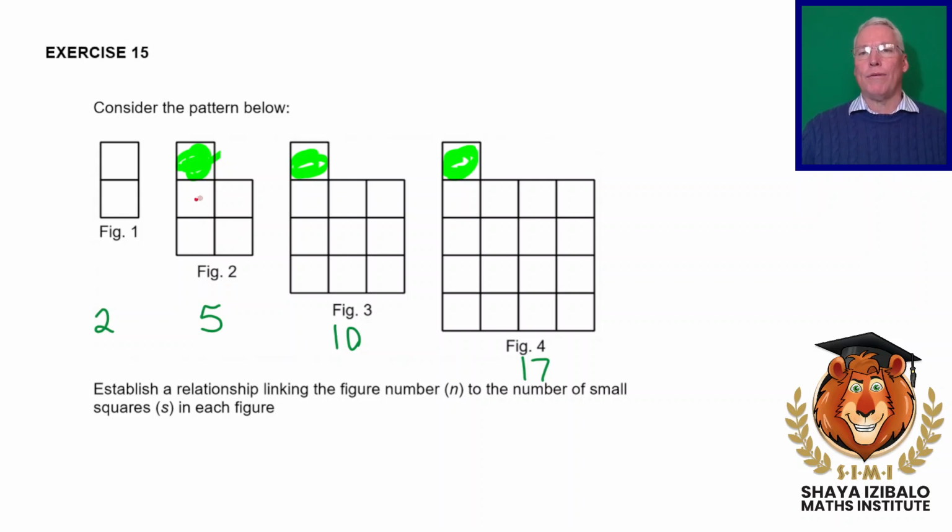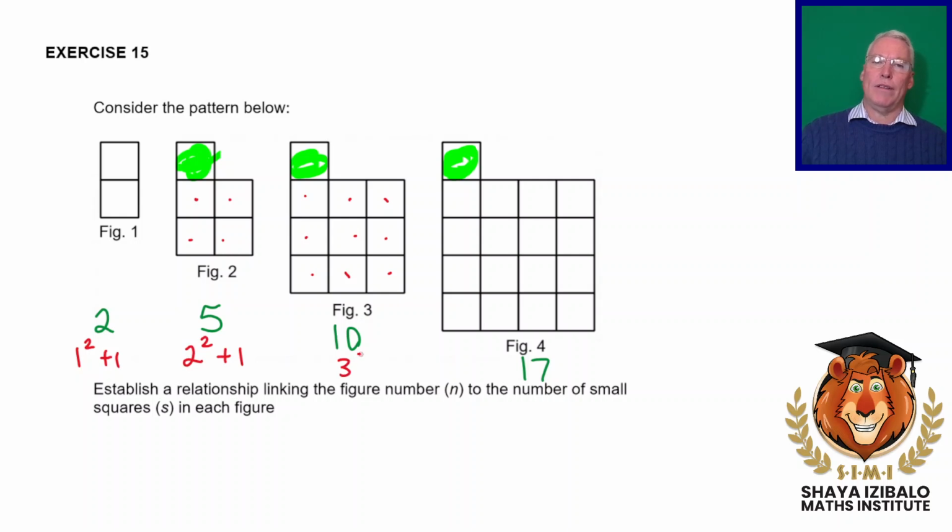This number over here, in figure 2, we've got 2 squared. We've got 4. In figure 3, we've got 3 times 3. We've got 9. In figure 4, we've got 4 squared plus 1. So this one is 1 squared plus 1 for figure 1. This one is 2 squared plus 1.